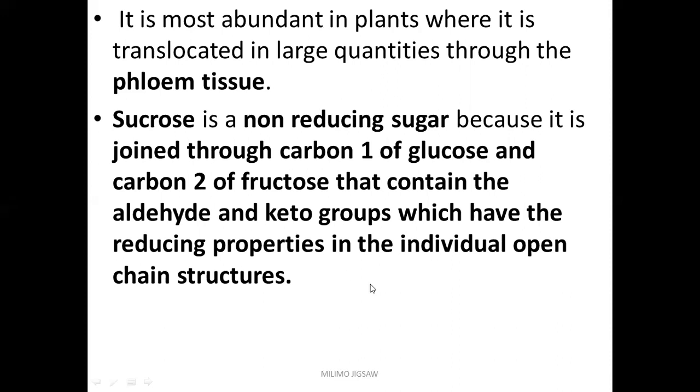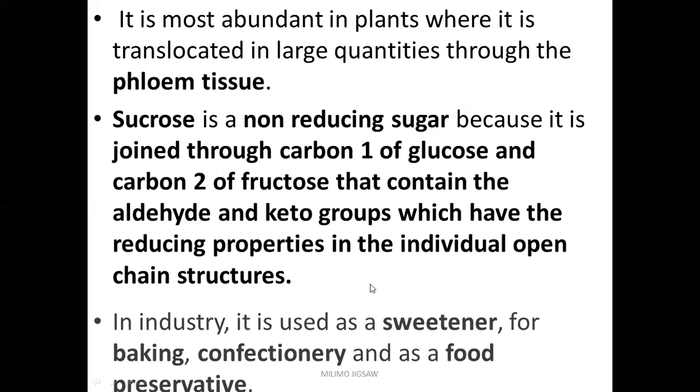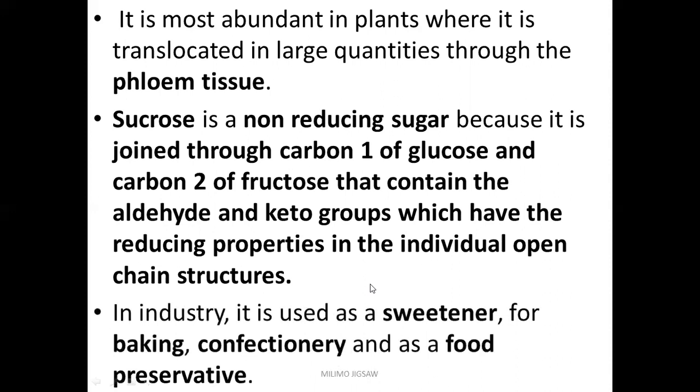Remember that these groups are needed for a sugar to have reducing properties. In industrial applications, sucrose is used as a sweetener in baking or confectionery, and also as a food preservative.